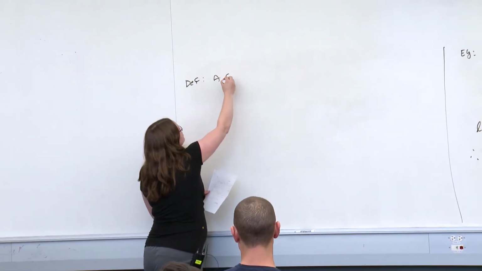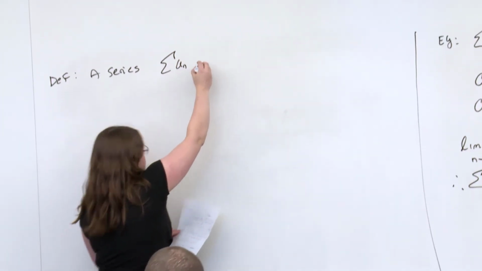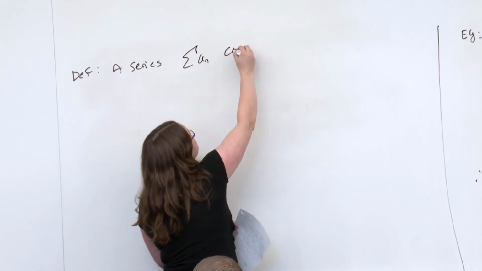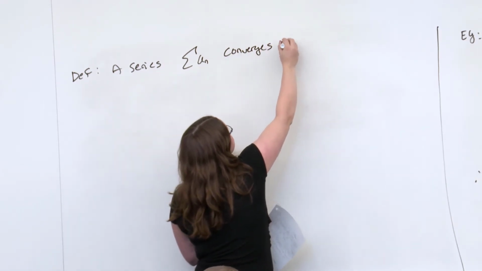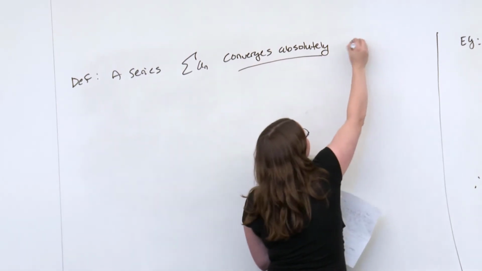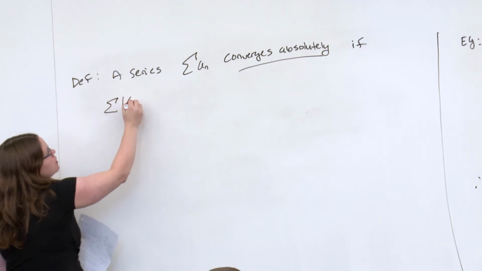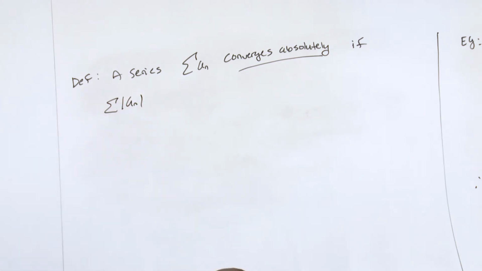A series a_n converges absolutely if when we add up the absolute value of the terms, we get convergence.